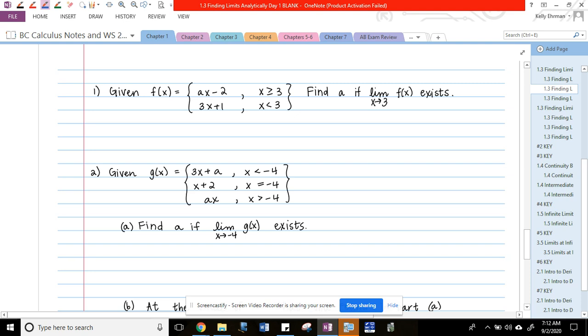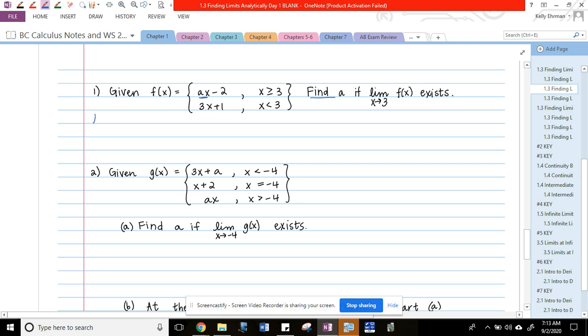Here's a problem you might see, probably in a multiple choice that you'd have to do a bunch of little side work on. Given that f of x is this function, notice there are two unknowns, a and x. Find a if the limit exists. So what does it mean that the limit exists? It means that the limit on the right side has to equal the limit on the left side.